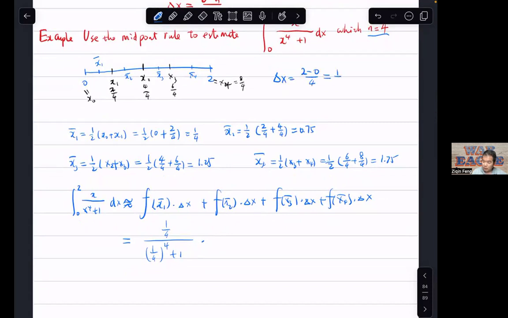So this is 0.25 over (0.25 to the power 4 plus 1) times 1/2, plus 0.75 over (0.75 to the power 4 plus 1) times 1/2, plus 1.25 over (1.25 to the power 4 plus 1) times 1/2, plus 1.75 over (1.75 to the power 4 plus 1) times 1/2. So this is how we use the midpoint rule to estimate the value of a definite integral.